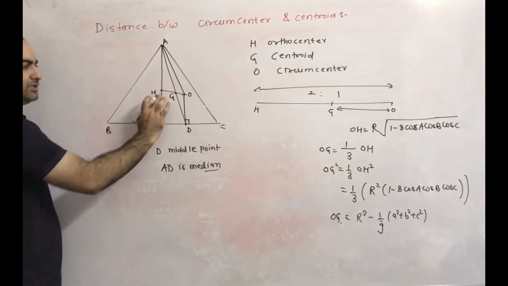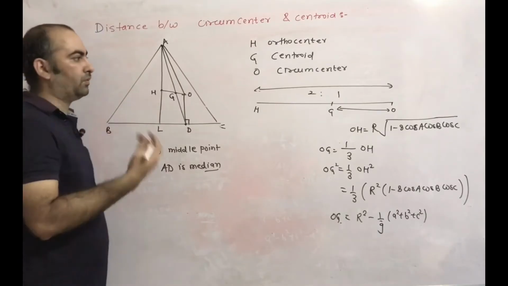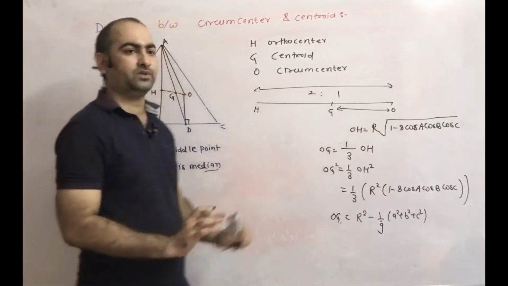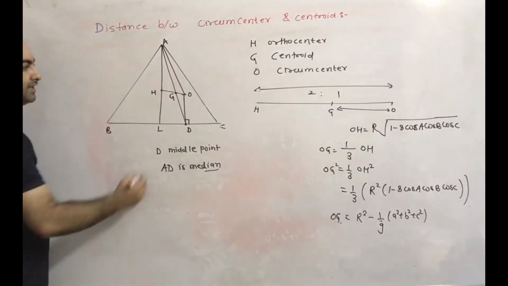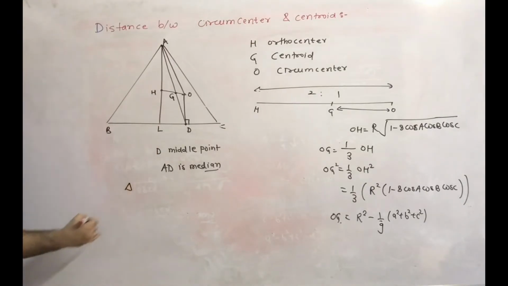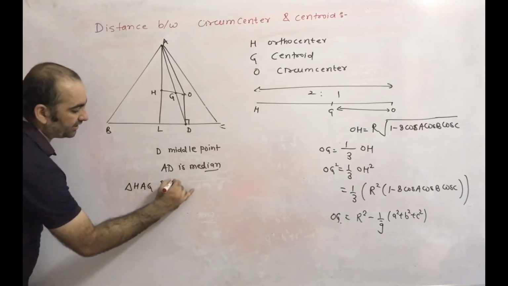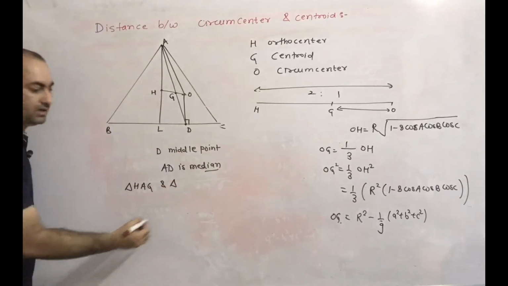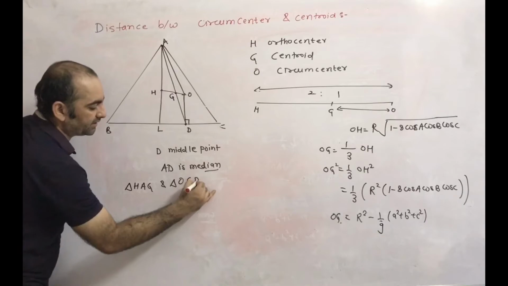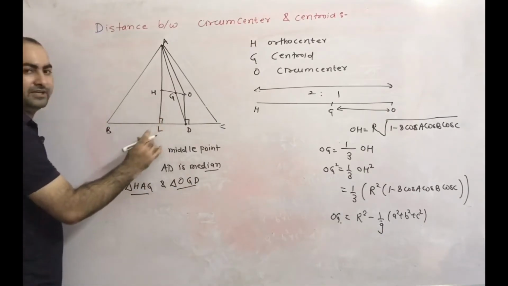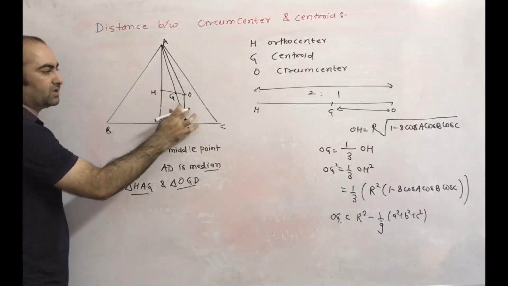So the ratio should be 2:1. We have to find that HG to GO is 2:1. Here we are taking triangle HAG and triangle OGD. You can see that this angle is 90 degrees, so these two lines are parallel.